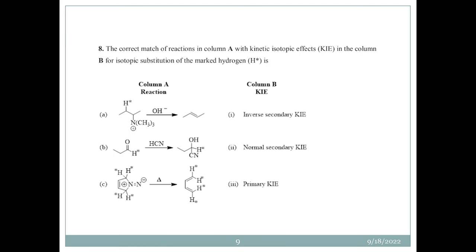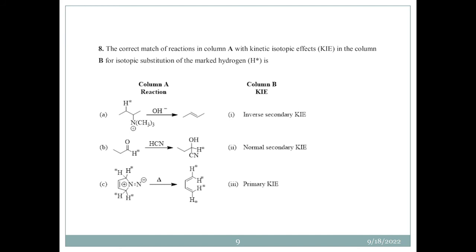A is an elimination reaction. B is a cyanohydrin formation, carbonyl group attack. This is the first, as I talked about at the very beginning, and the third reaction is a pericyclic reaction where there is an elimination of nitrogen. A few more things. In the first reaction, there is a carbon hydrogen bond breakage, and in the second reaction, no hydrogen is breaking.